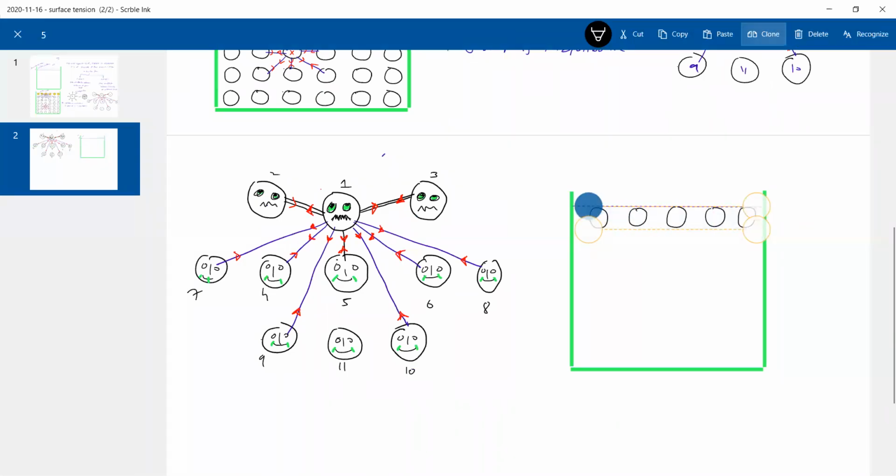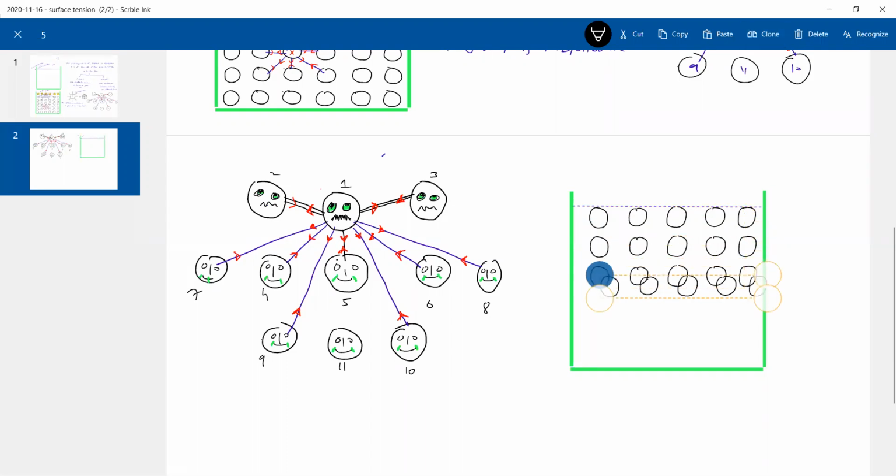This last diagram will really reflect a lot of things. Just do notice, I'm going to show some forces.